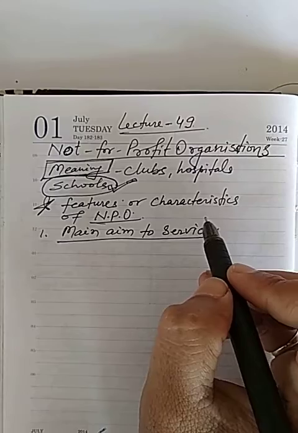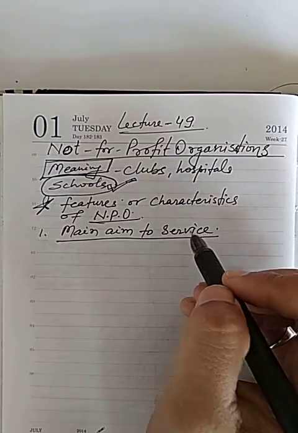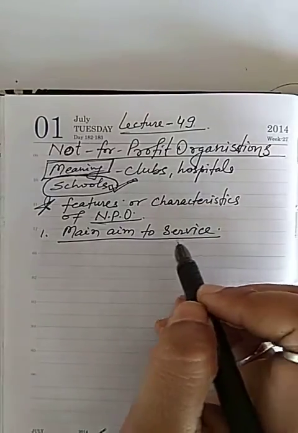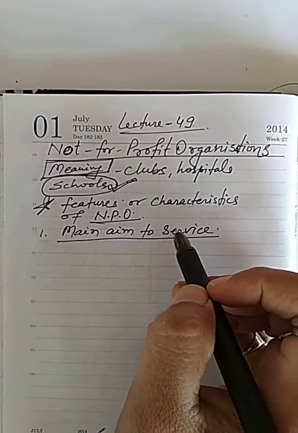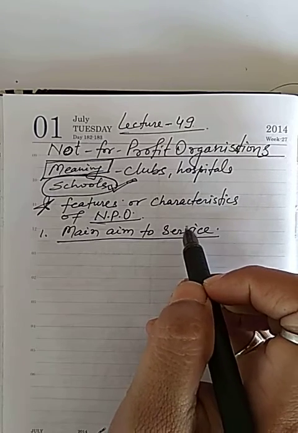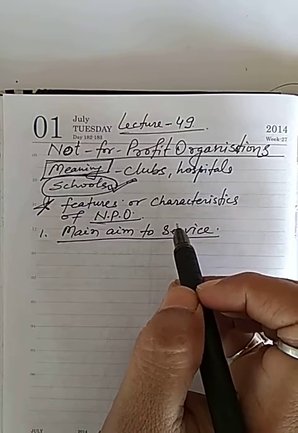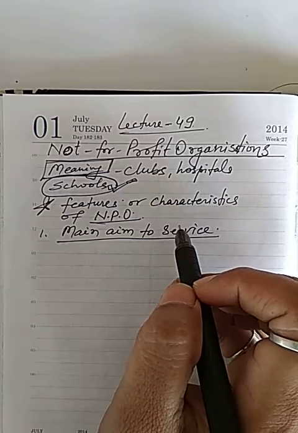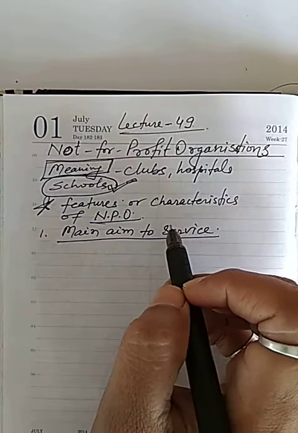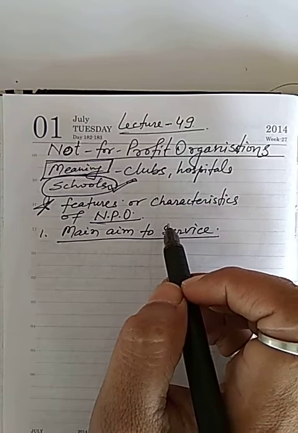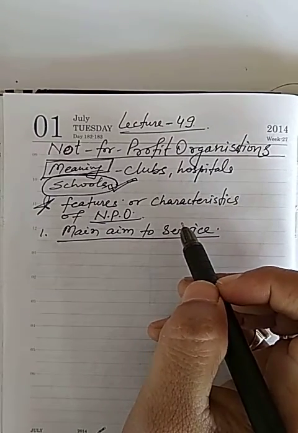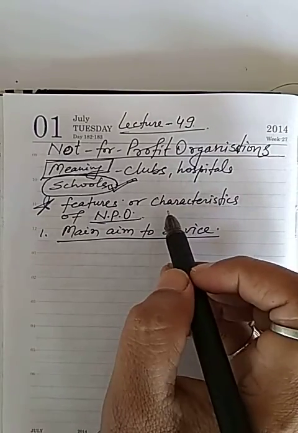Yes, students, such organizations are set up to provide service to a specific group or the public at large, such as education, healthcare, sport, entertainment, etc. The main aim of this organization is to provide service either free of cost or at nominal rate and not to earn profit.